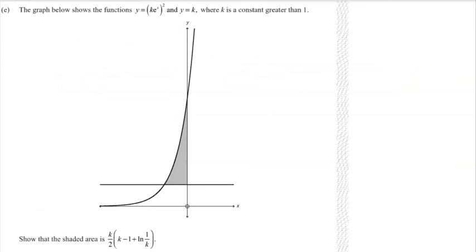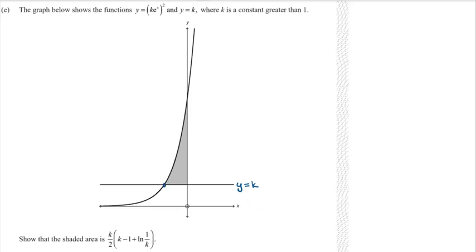Okay, for our final excellence question on this paper, we've got this graph. We've got these two equations that say this is the equation of the curve, this is the equation of the line, so this is y equals k. So this coordinate just here will be k at that point just there. Okay, so to find the shaded area, we want the area under the curve.